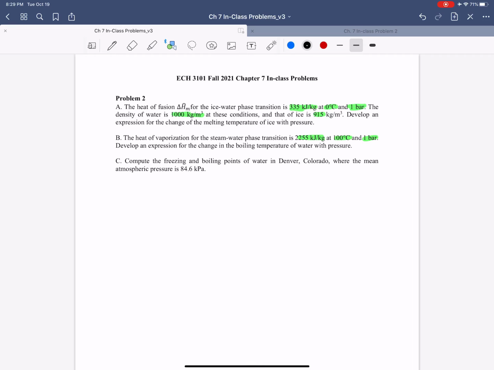Now for part C, all it's asking us to do is take our equations from part A and part B that we derived, and use those to find the freezing and boiling points of water at a pressure of 84.6 kilopascal.